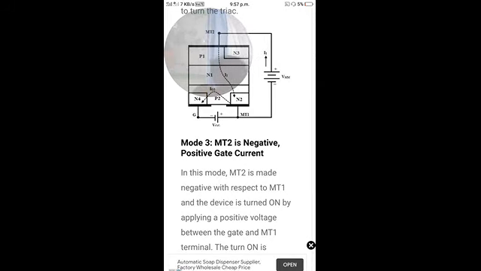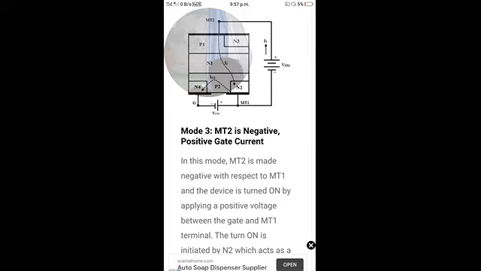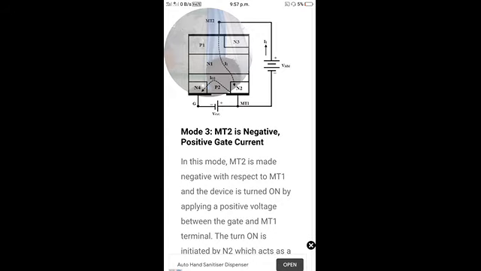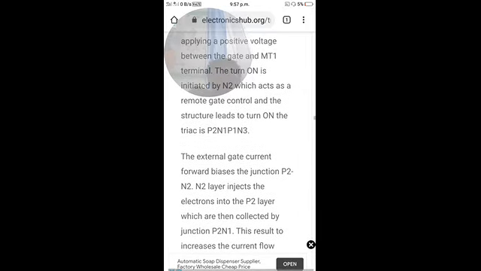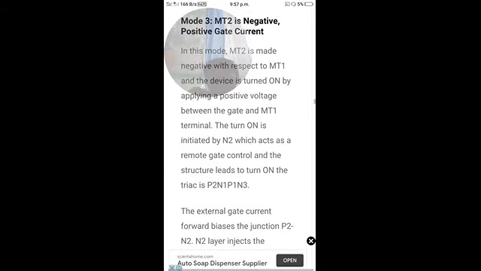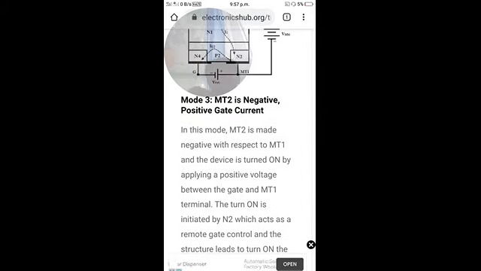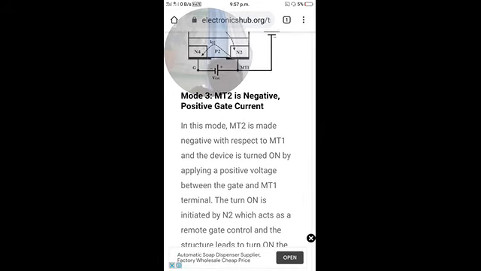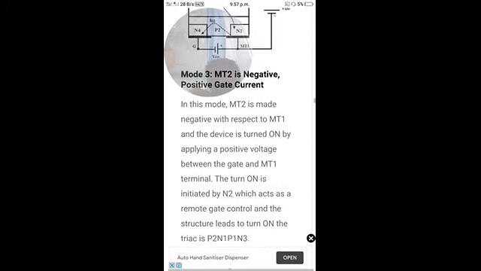That is, current will flow through N3, P1, N1, P2. Here one end is connected to positive and the other is connected to negative, so the layer disappears. The N2 layer will disappear.